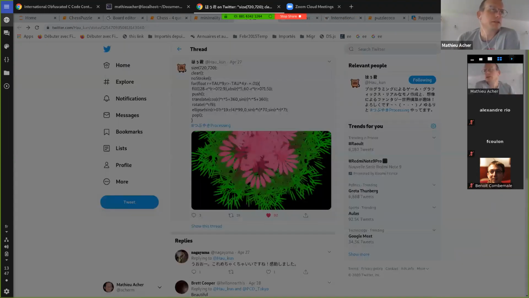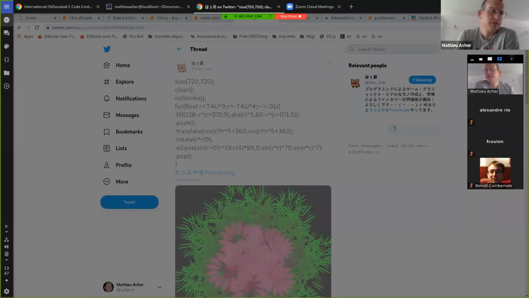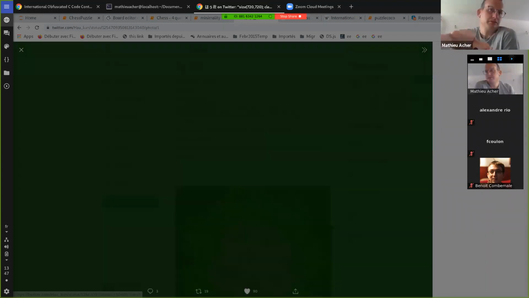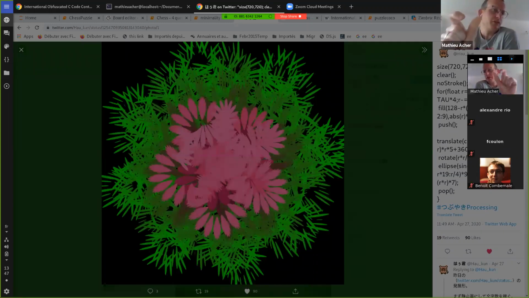I mean, with this line of code, right? You can draw this nice art. So it's in Python. And in fact, they are reusing what? They're reusing Processing, which is a library. And Processing, for me, it's a bit like the Python chess library.